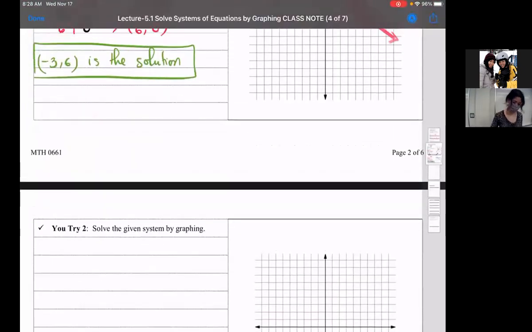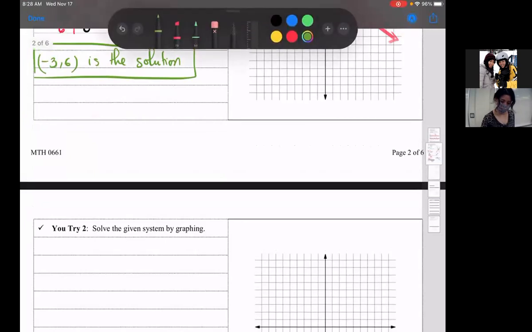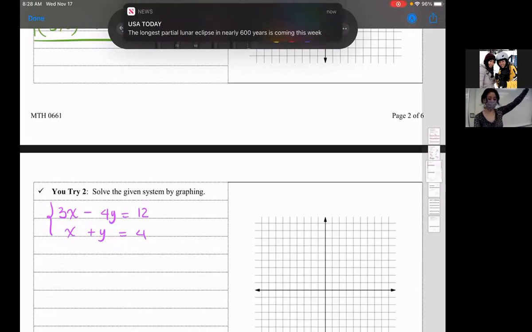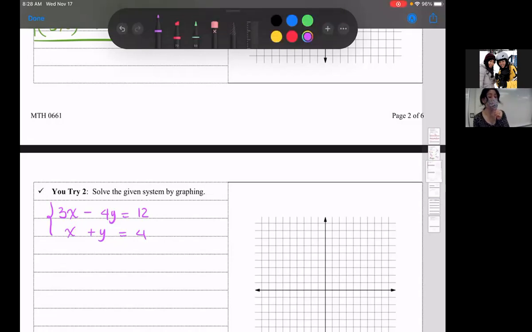All right, you try the system like this. 3x minus 4y equals 12, and then x plus y equals 4. When you have x and y on one side, I recommend you pick points instead of doing rise over run. If you want to do rise over run, you have to solve for y.